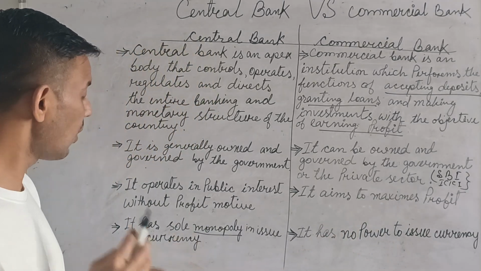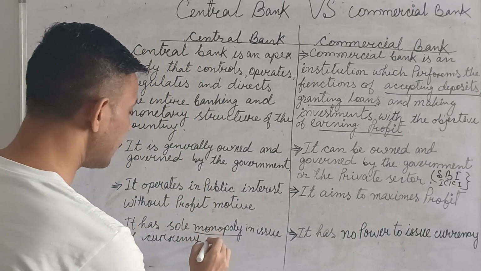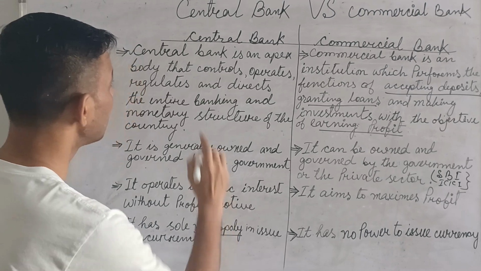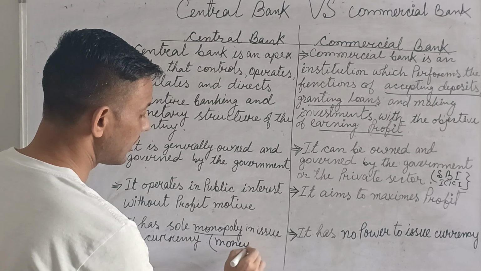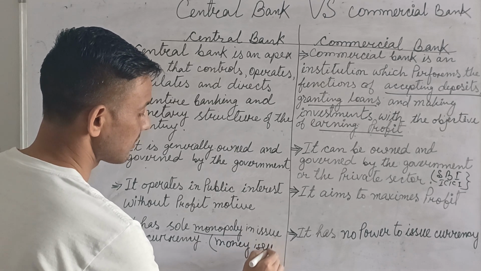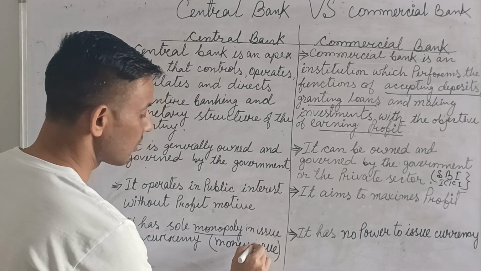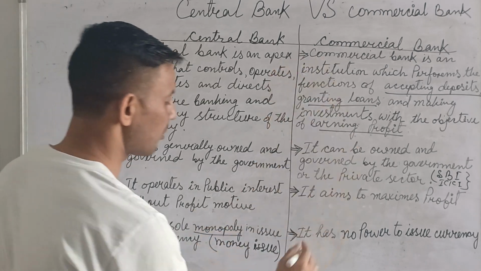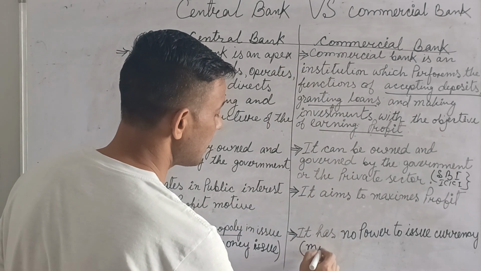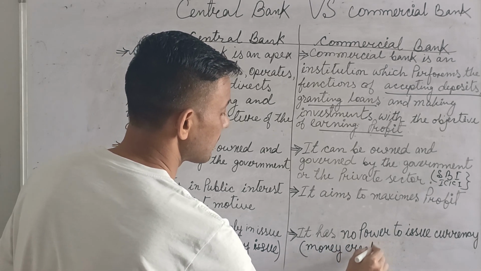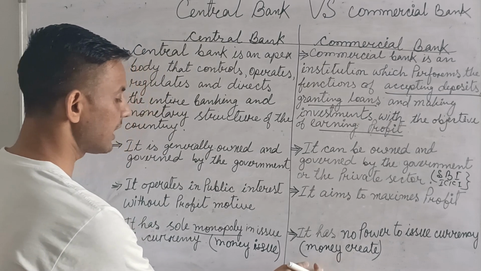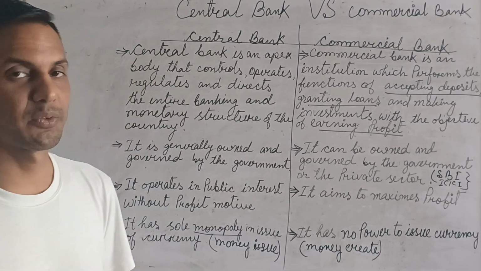Always remember: in the case of the central bank, it is money issue, and in the case of a commercial bank, it is money creation. Money creation and money issue are different.